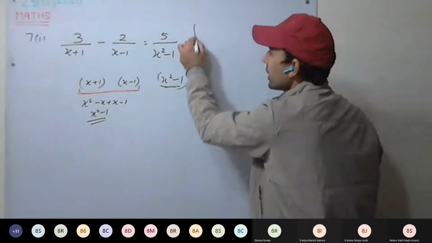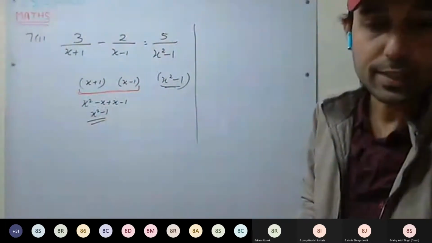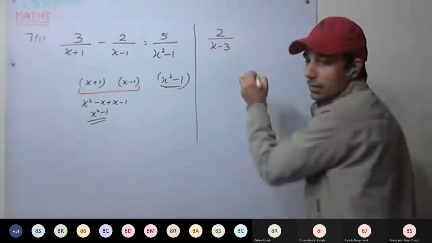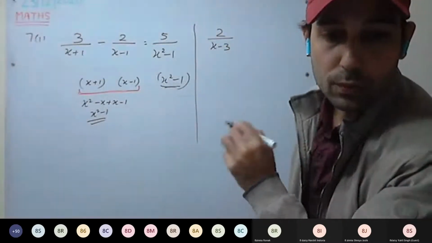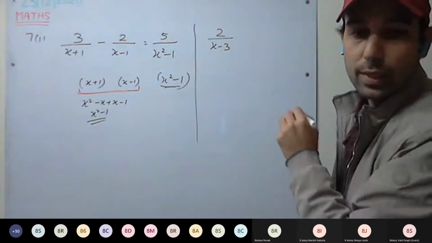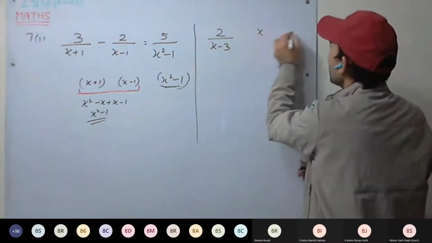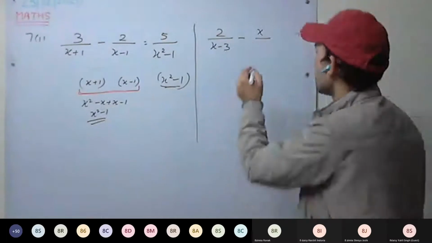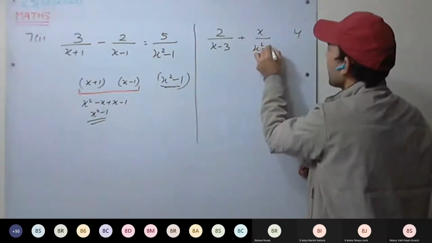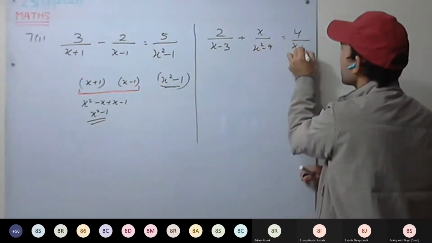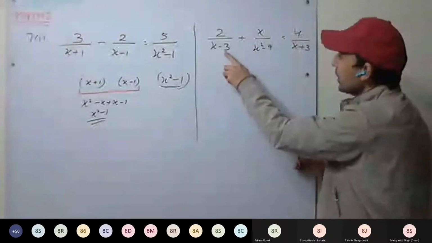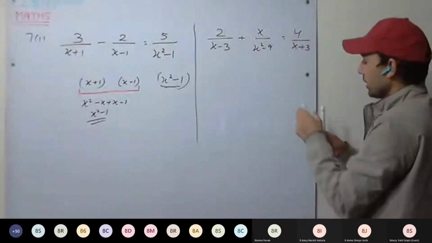Okay. So now see here, second question. What is being written? 2 upon x minus 3, 2x minus 4, plus is there. Okay. So x square minus 9, and here we have x plus 3. Now see here in 8 second, x minus 3, x square minus 9, x plus 3.